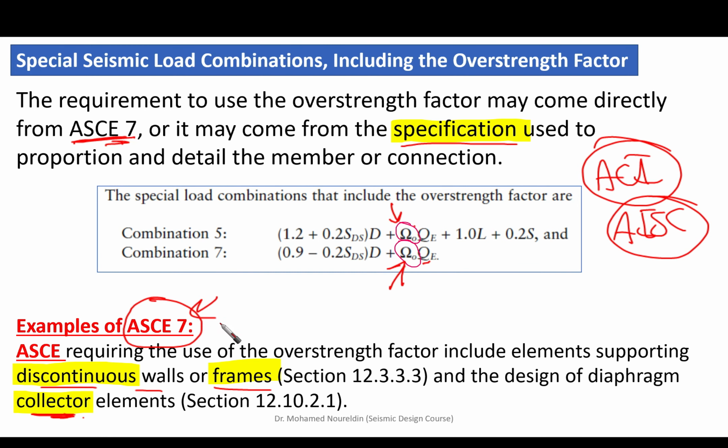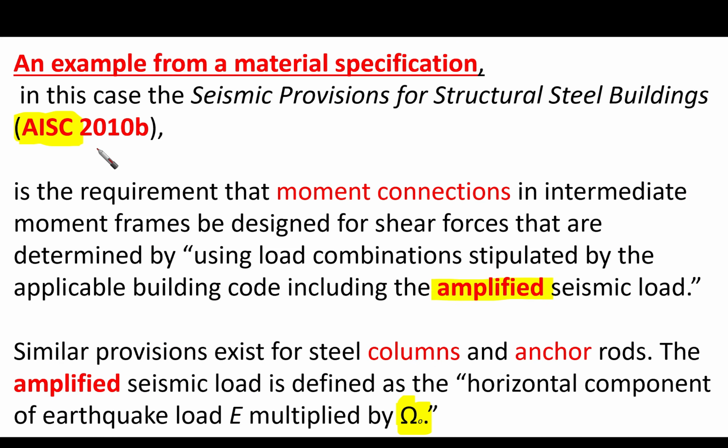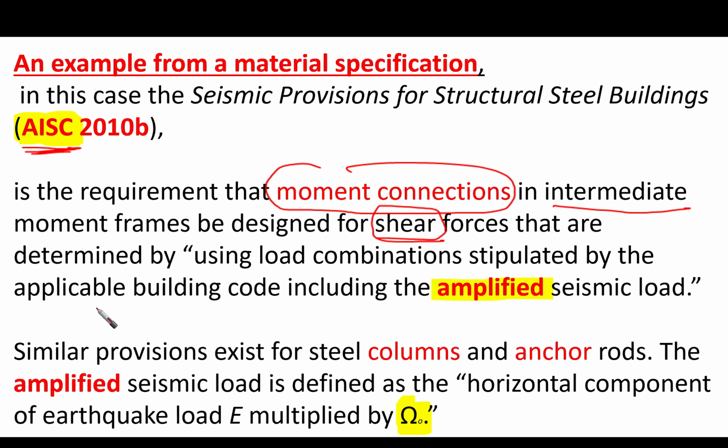However, for other material specifications, for example AISC, it is very clear: moment connections for intermediate moment frames should be designed for shear forces. We're talking about the shear forces that are determined by using load combinations stipulated by the applied building code, including amplified seismic load. The word amplified means omega. That's the meaning of it.